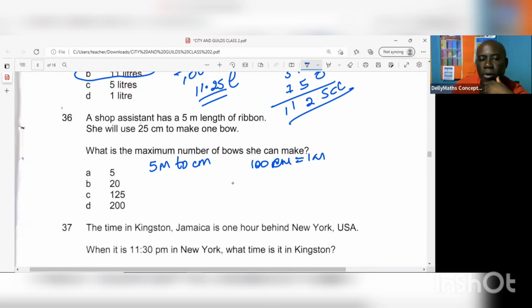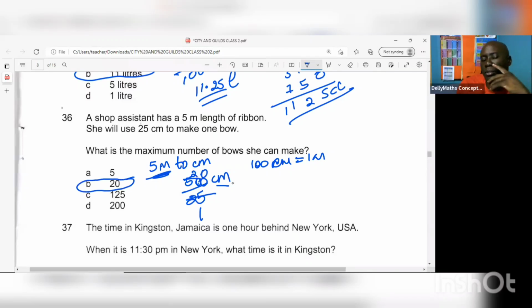So therefore I'm actually looking at 500 centimeters here. So 5 meters is 500 centimeters, and then I want to divide this by 25. You could see 25 into 50 goes twice, 25 into 0, 0. So it's going to be 20 bows that we're going to be using.